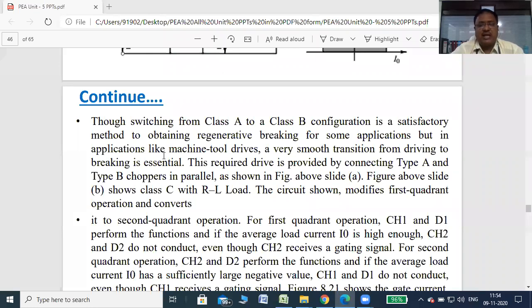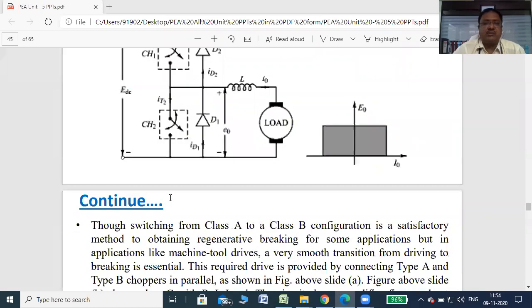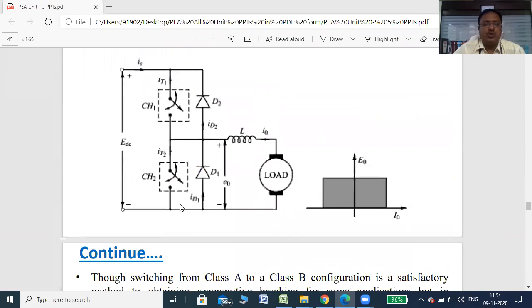In place of them, we can use a class C, which is a combination of class A and class B. In the same circuit, we can easily transfer from class A to class B so that forward braking is also possible. For that purpose, this two quadrant chopper is used.